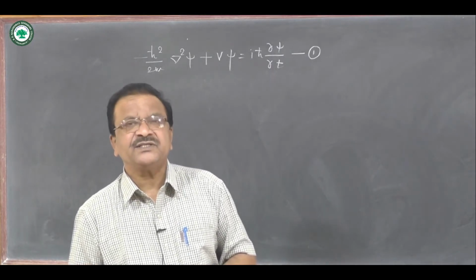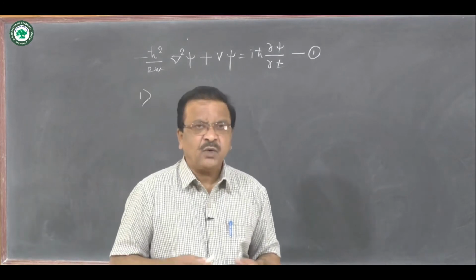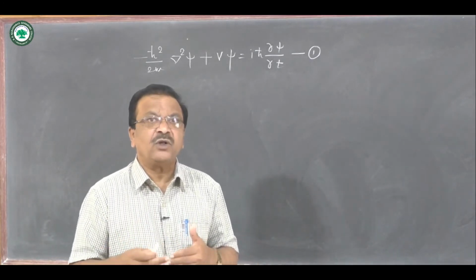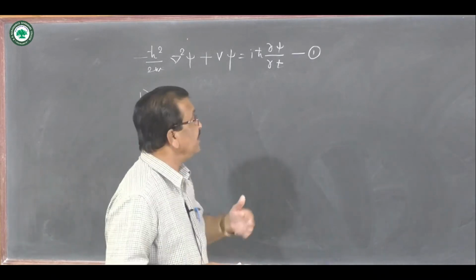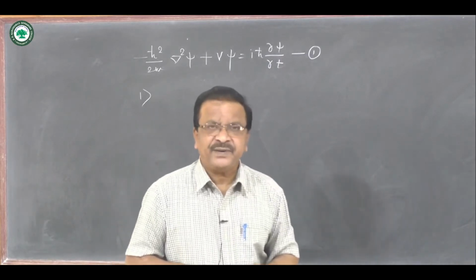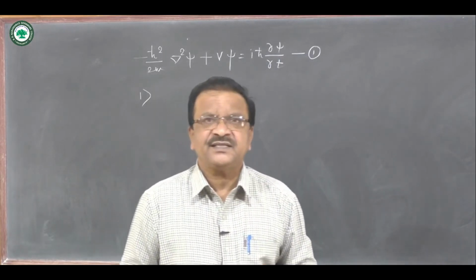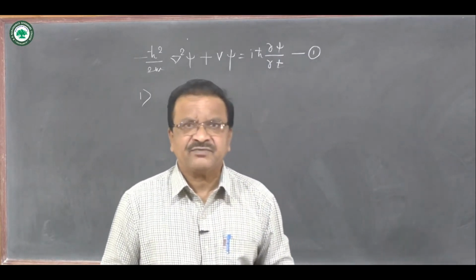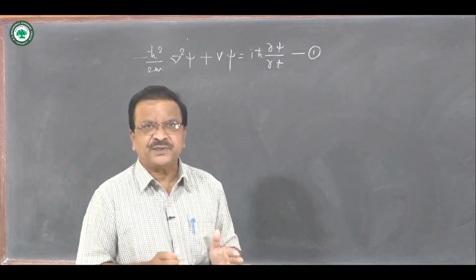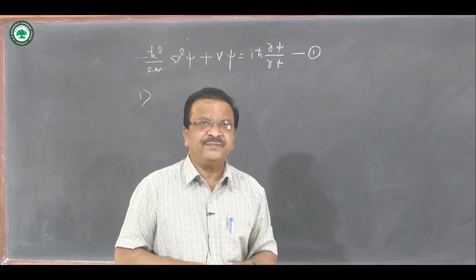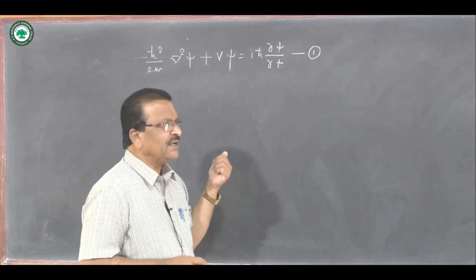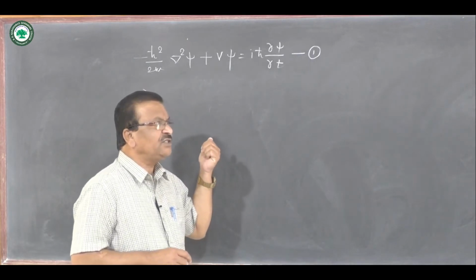So what this equation tells us is that how a physical state of a quantum mechanical system evolves with time is given by this term dabba psi by dabba t, which is time dependent, and hence the name time dependent wave equation. So this is the first property, that it is second order in space coordinate and first order in time. Then the second property of this equation is that it is a linear differential equation.